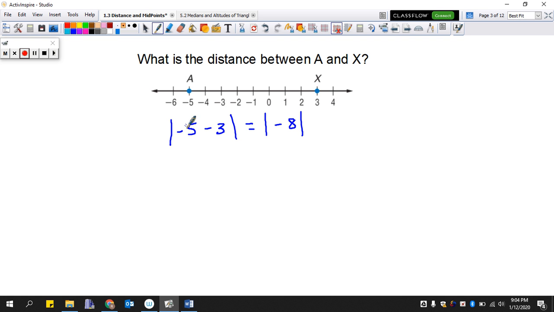But the absolute value of -8 is just simply 8. If you count the spaces, 1, 2, 3, 4, 5, 6, 7, 8. So there's 8 spaces. So that distance is 8. All right?